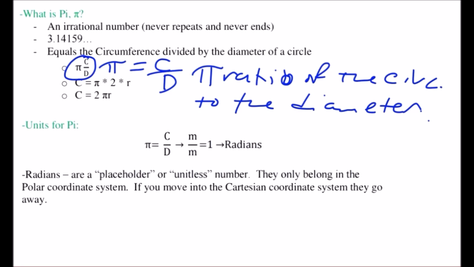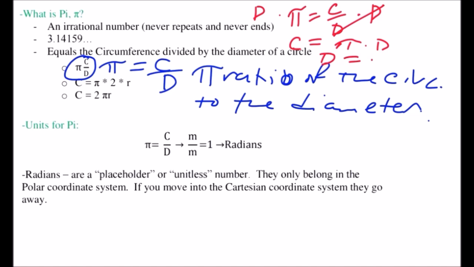If I have pi equals C over D, let's multiply by the diameter on both sides. That means the circumference is equal to pi times the diameter. And if the diameter is equal to 2 times the radius, then we can substitute 2r in where we see D. That's how we come up with this second bullet: circumference equals pi times 2r.